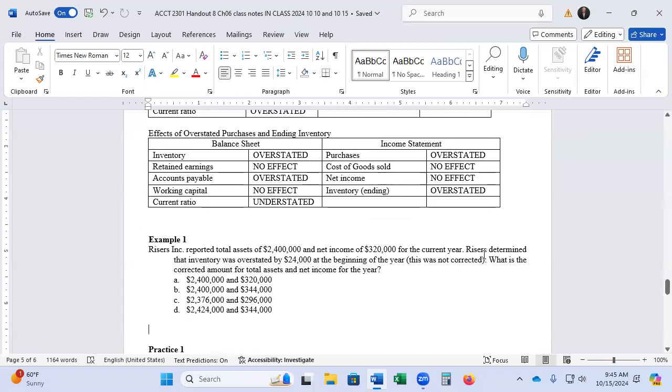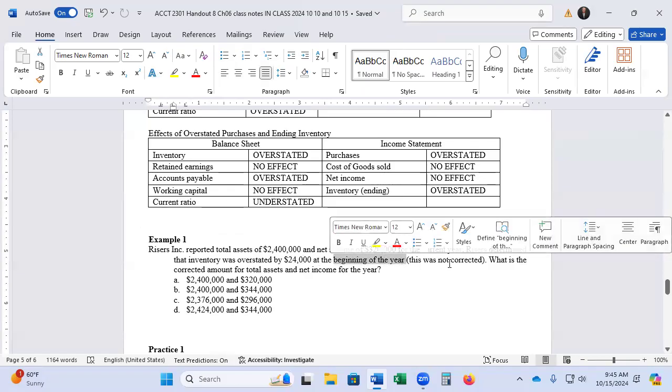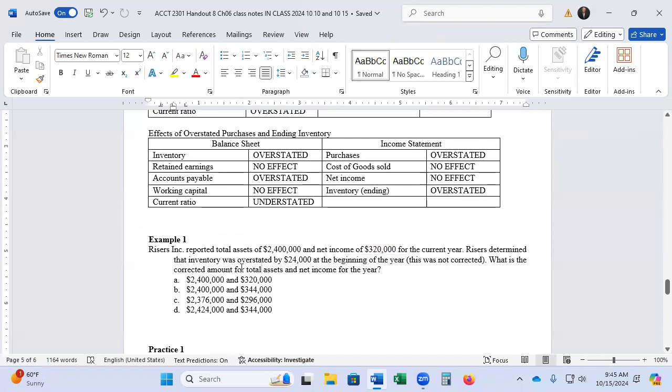So it says, for the current year, Risers determined that inventory was overstated at the beginning of the year, right? And it says this was not corrected. What is the corrected amount for total assets and net income for the year? So this is at the end of the year, and so total assets is still going to be 2.4 million, because even though it was overstated initially, that's going to affect our net income.